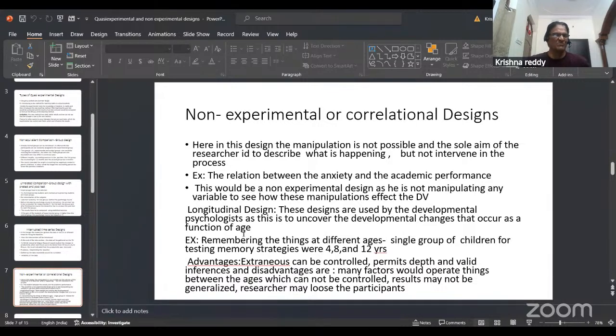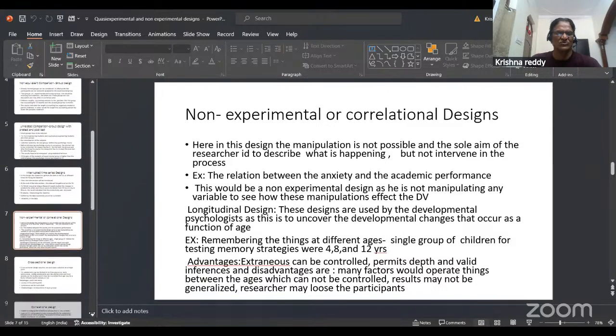Since we are talking about a memory test, memory strategies, that would also be very difficult because the period is very long. Non-cooperation from the participants would also be there, and we may also lose some of the participants.